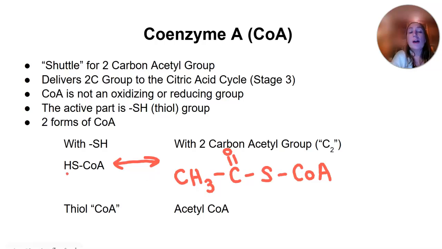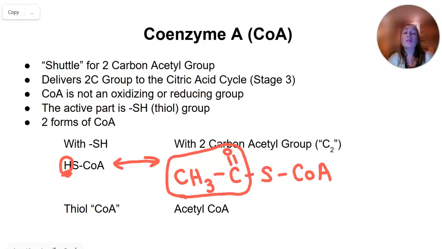So really, we're replacing the hydrogen in the thiol group with the C2, the 2-carbon group, the CH3C double bond O. That's the difference between the 2 forms: CoA would be hydrogen, sulfur, CoA, or acetyl-CoA, where you've got CH3 bonded to C, double bonded to oxygen, and then sulfur, and then bonded to CoA. So those are the 2 different forms.